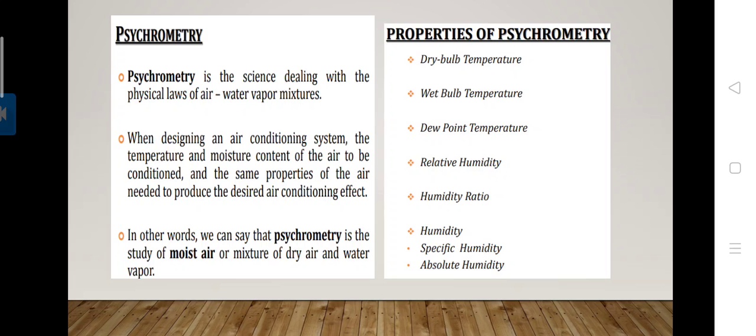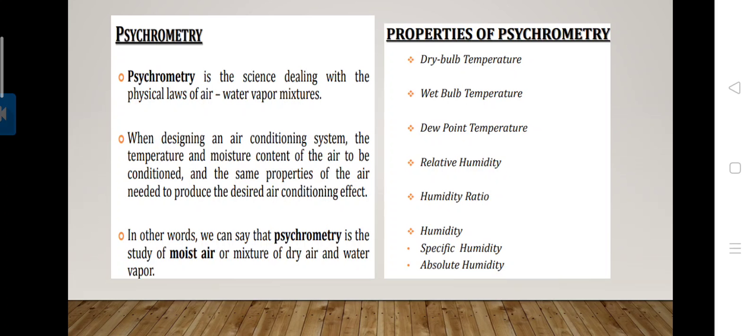Moist air is the mixture of dry air and water vapor. The amount of water vapor present in the air depends on the absolute pressure and temperature of mixture and partial pressure of the water vapor. So in moist air there is some amount of water vapor present.